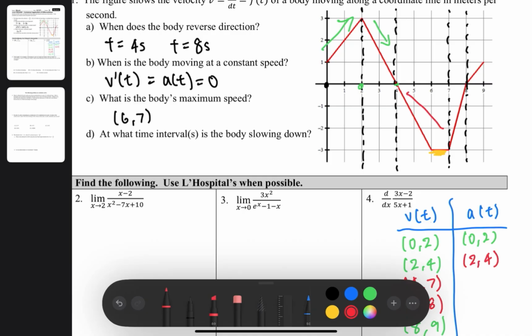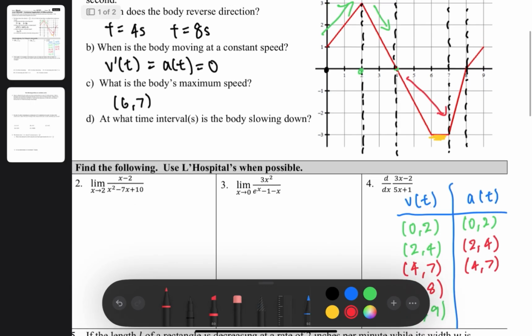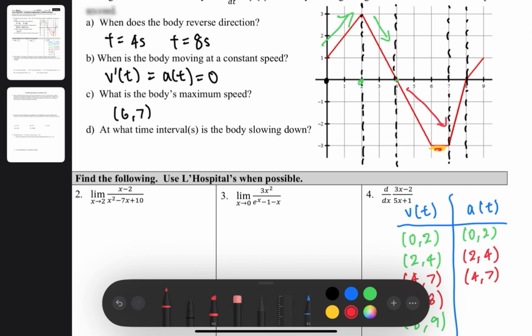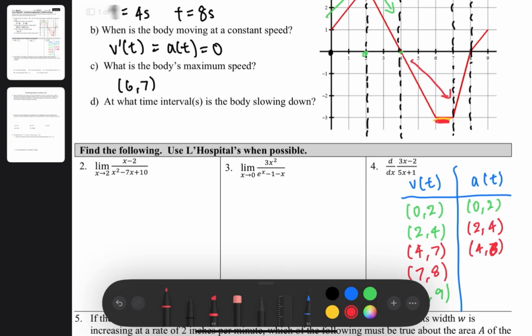It's still negative from about 4 to 7, or 4 to 6, actually. Well, it doesn't matter. I'll just write a 6 here. From 7 to 8 seconds, the slope is positive. And it's still positive from 8 to 9.